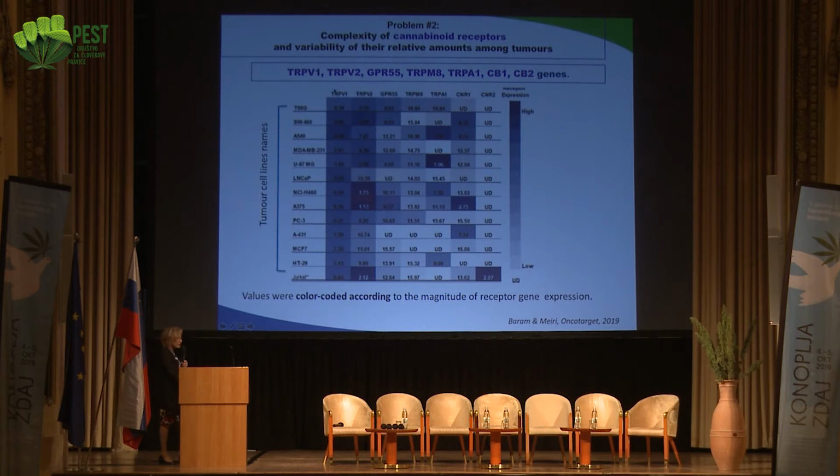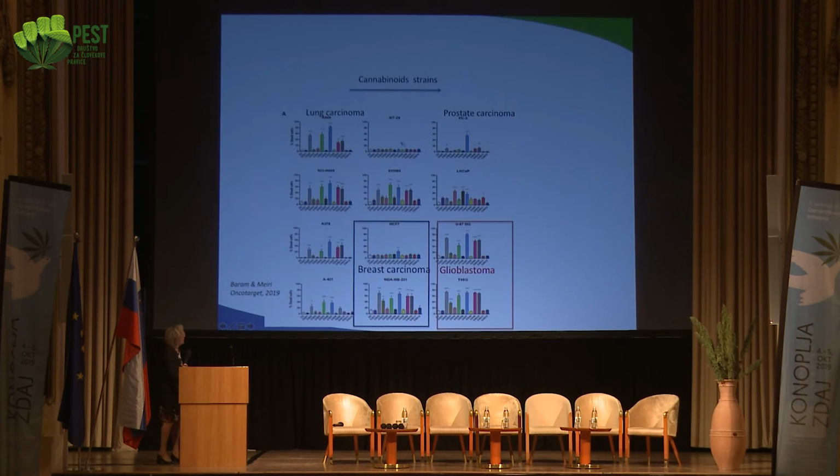And then he first measured how the cells are doing regarding the receptors. Regarding these different types of receptor that I have shown you before, and there are really numerous, and you can see that each type of cell can be expressing the receptor differently. So it's not only different cannabinoids, it's also different receptors, and this certainly is problem number 2. So different types of tumor have different receptors.